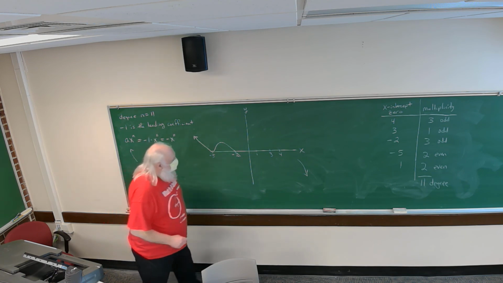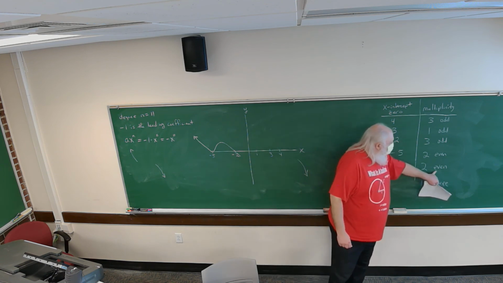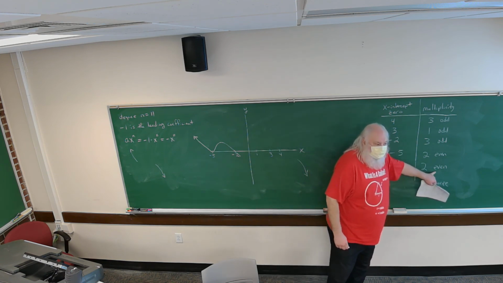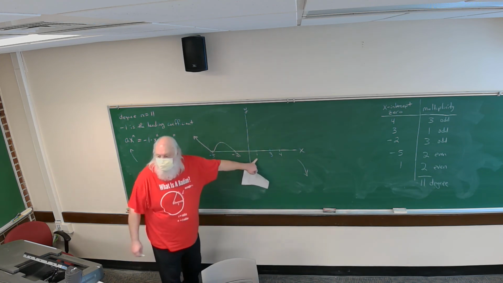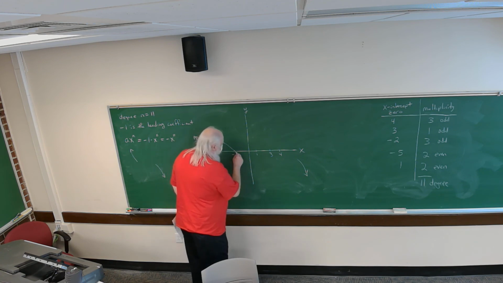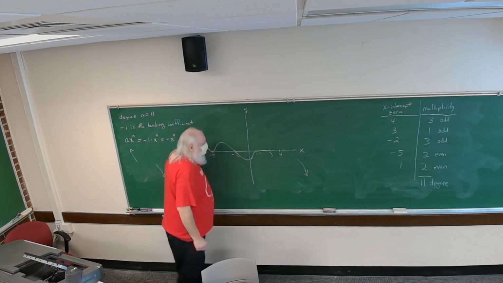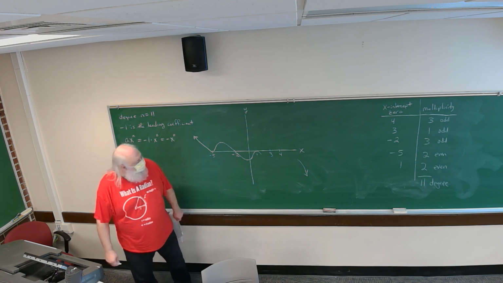X equals 1, the multiplicity is even. So what's going to happen at x equals 1? What's the graph going to do? Touch and turn. So the graph's got to come down, turning point somewhere, come up and touch the x-axis at x equals 1. Touches and turns.